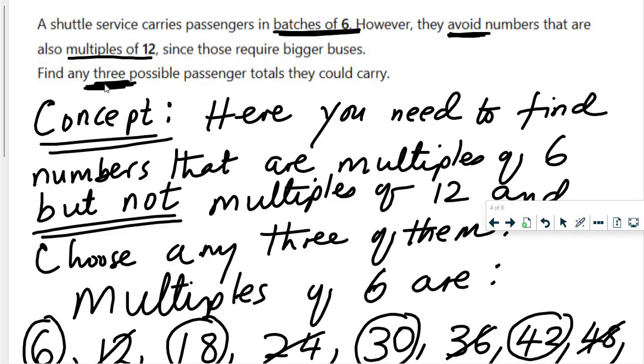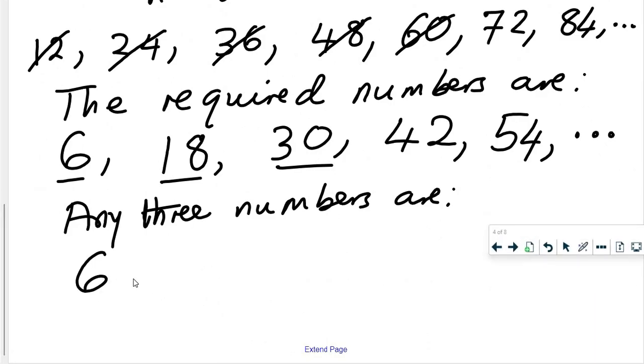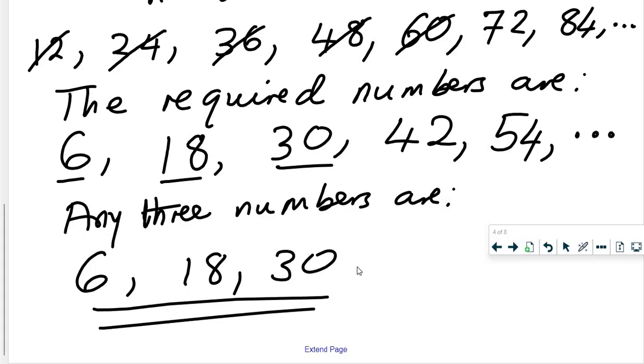They just said find any 3. So I would rather take 6, 18, and 30. Stop here.